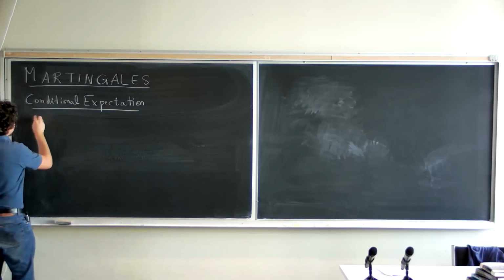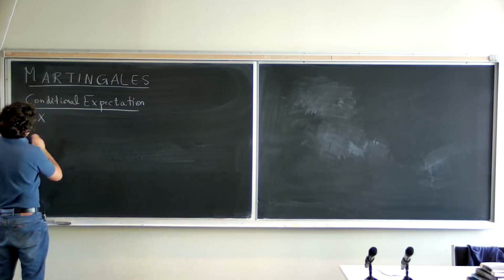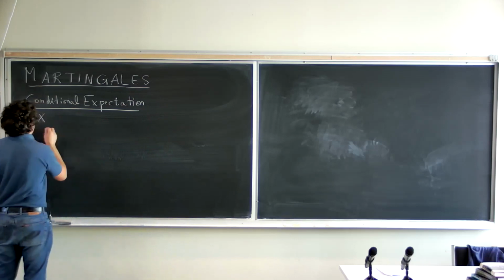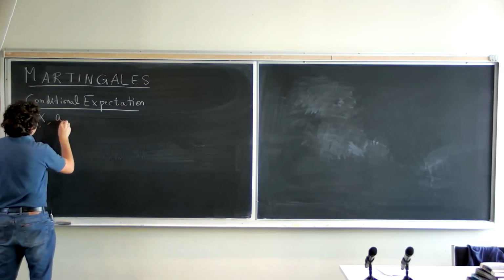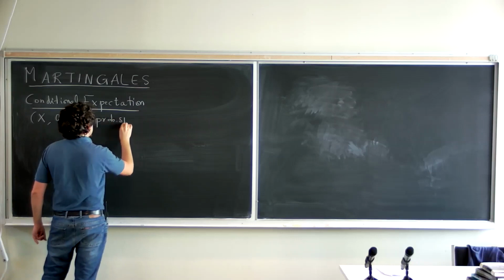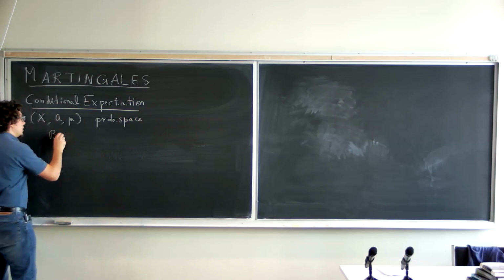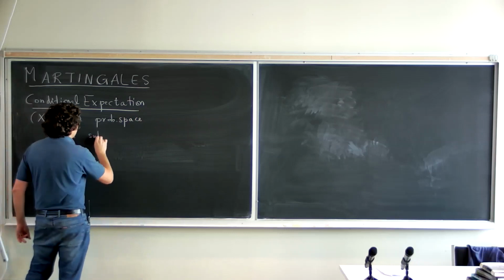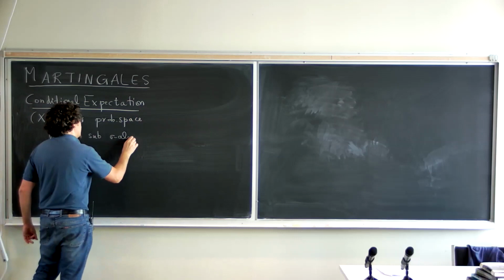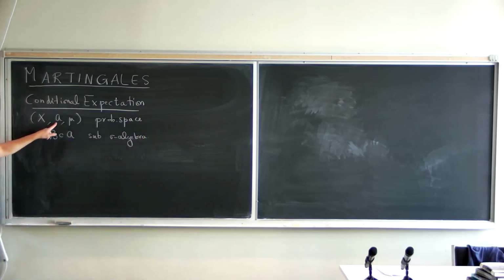So we have a space X, and we have a sigma algebra. So X, A, mu is a usual probability space. But then we can consider B in A, a sub-sigma algebra, meaning that of all measurable sets, we just consider some of them.